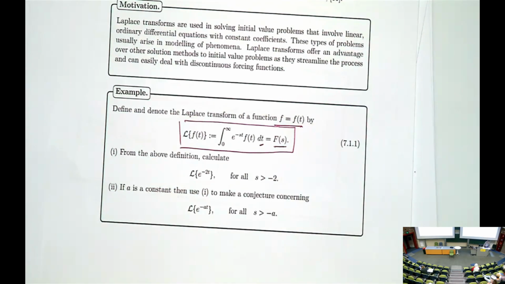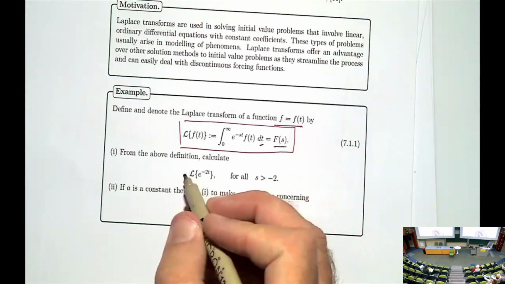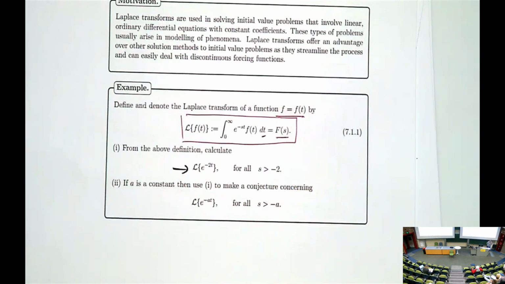Here is an example. They're asking us to take the Laplace transform of the function e to the negative 2t. Let's try it and see what happens.